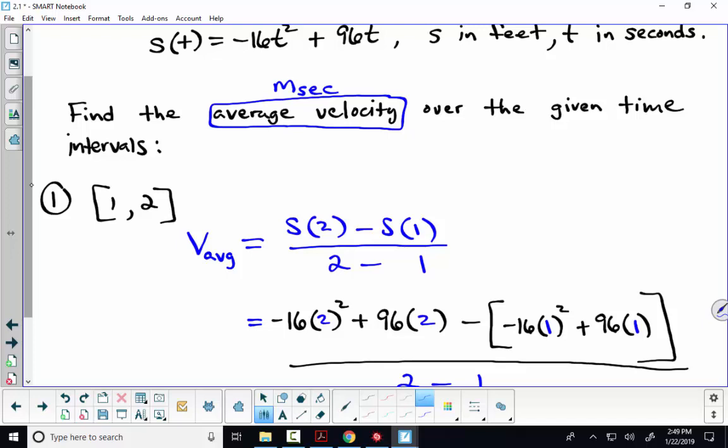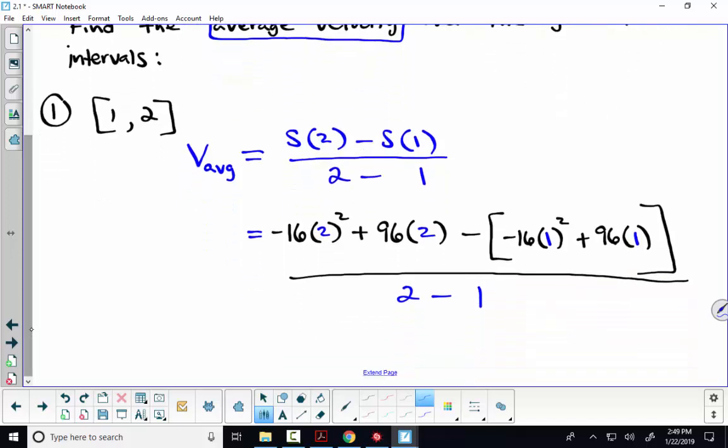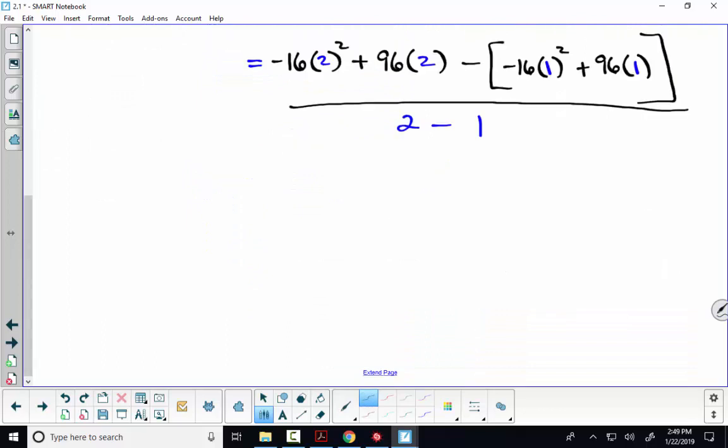Anybody get anything yet? 58 per second? Anybody else get 58? Just kidding.